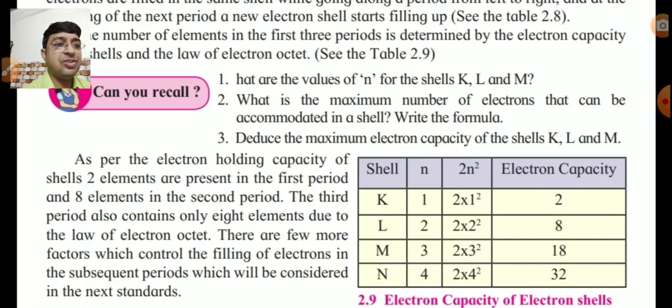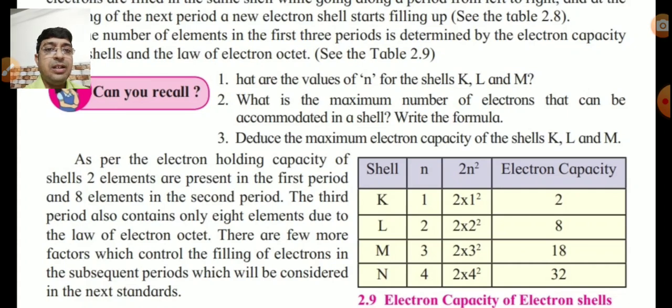For the electron capacity of the first shell, we substitute n equal to 1 in the formula, and we get the answer 2. Substituting the second shell, the maximum capacity is 8, the third shell is 18 and the fourth shell is 32. So by using this formula you can find the next shell's electron capacity also. As per the electron holding capacity of shells, 2 elements are present in the first period and 8 elements in the second period.